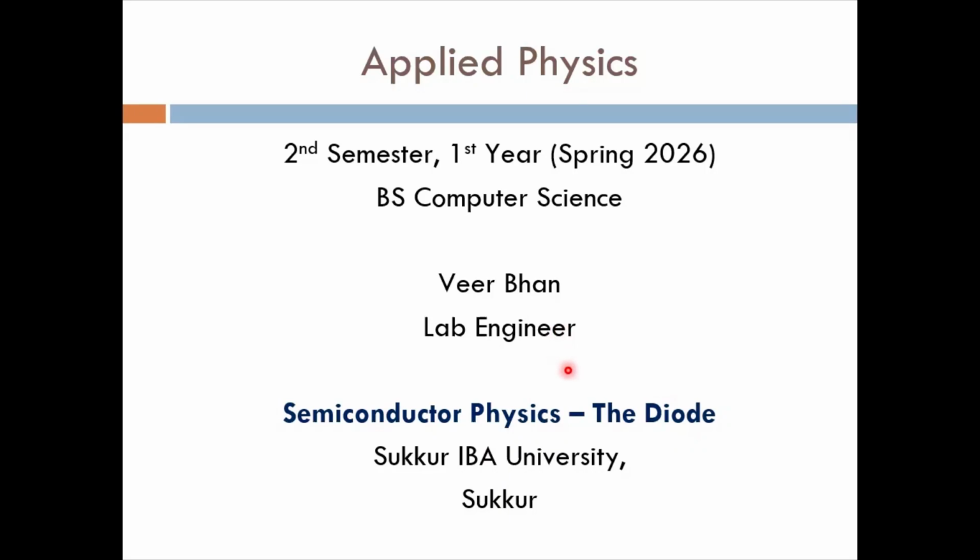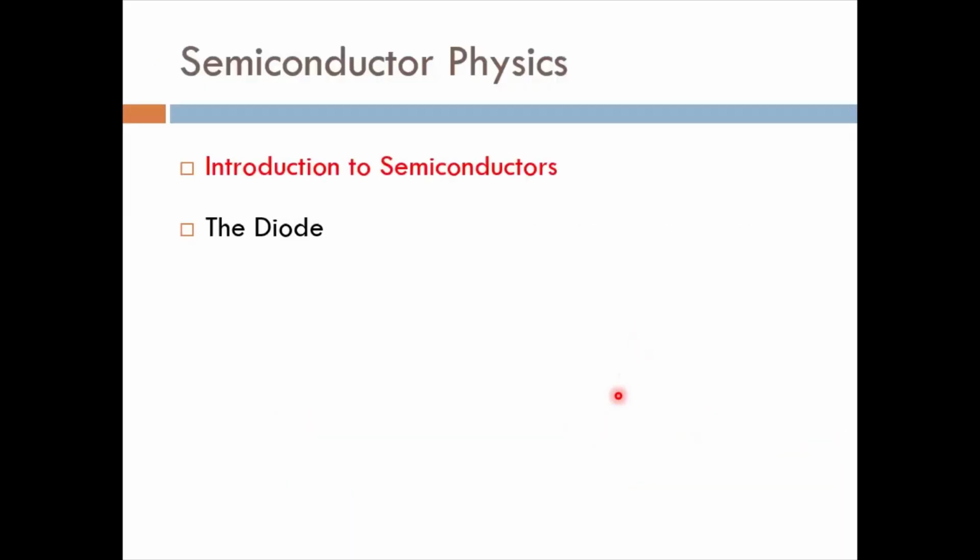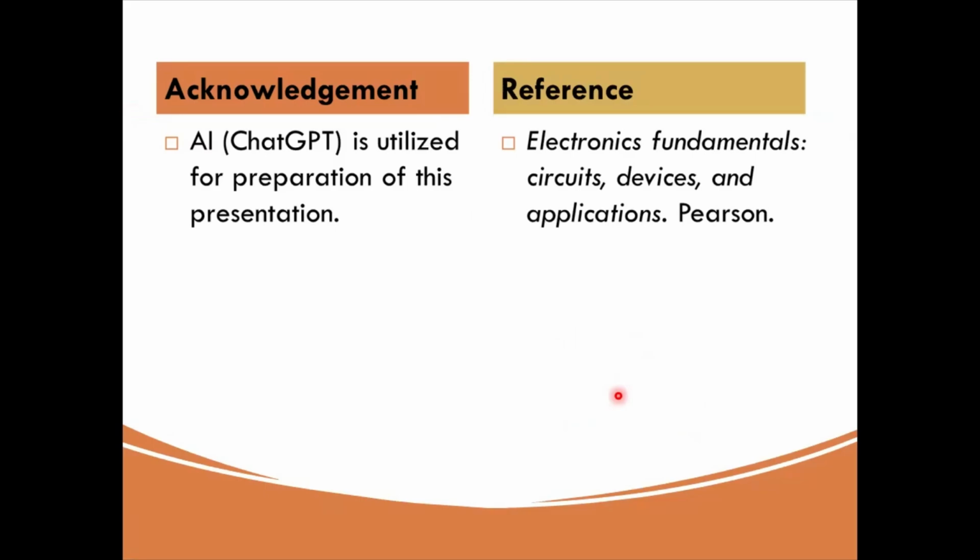Hello, everyone. So, today, after the introduction to semiconductor physics, we are going to start the diode. In our previous discussion as well, we started with this acknowledgement that AI is used, and this is the reference book which we are going to follow.